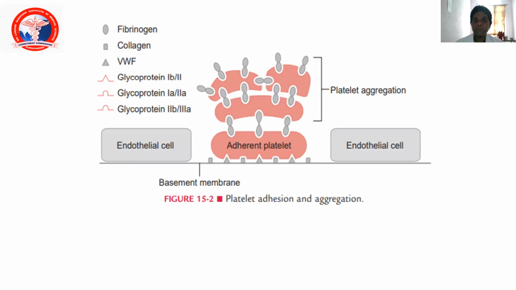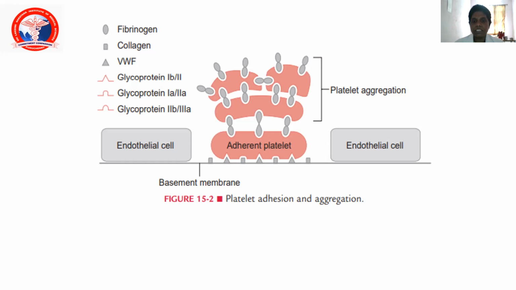In this temporary plug formation, we have a platelet. And what is underlying your endothelial cells? They are nothing but the collagen tissue which is connected to the connective tissue. So these platelets get adhered to the collagen which is exposed because of injury. And once adhered to the collagen, it will activate the platelets.